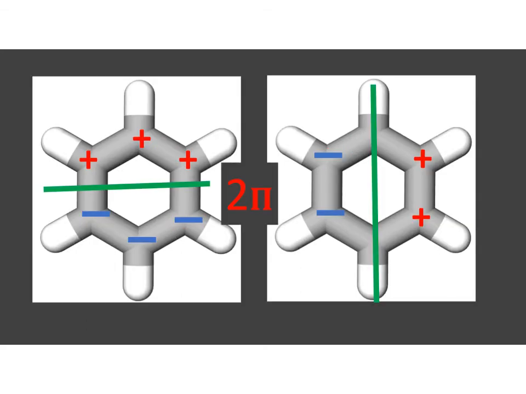We then have 2 further pi bonding molecular orbitals shown by this configuration. Now the green line represents a node. That's where there isn't any electron density because the phase changes between positive and negative.